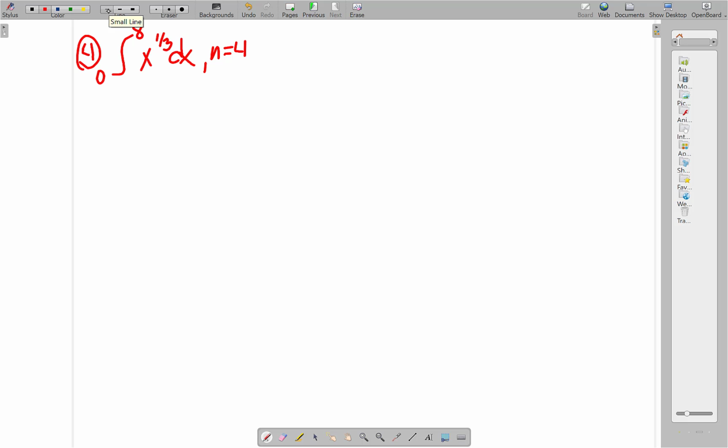So we first find h. H will be equal to b minus a over n, which is 8 minus 0 over 4, which is 2.